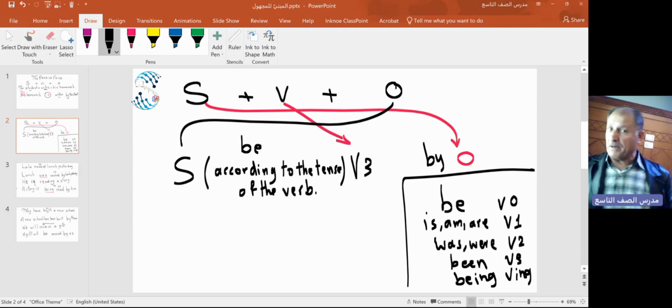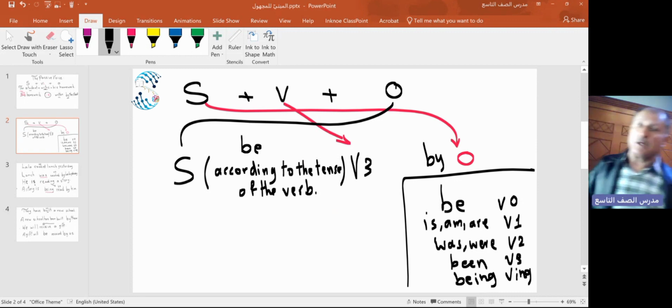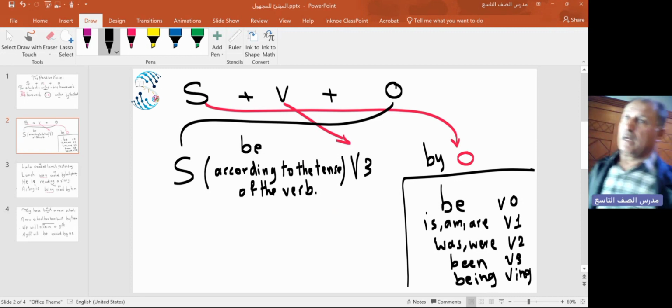If the verb is verb 3, we put it in verb 3 and replace it by been, which is verb 3 of be. And sometimes the verb is in the continuous, it has an ing. So also we put the verb in verb 3 and we replace it with verb be with ing, which is being.